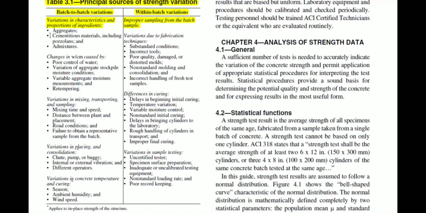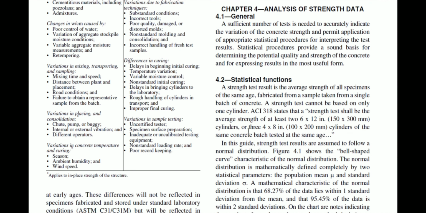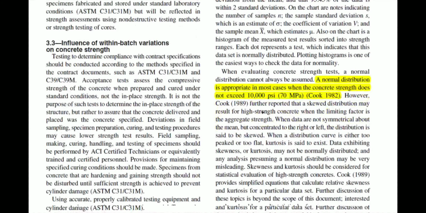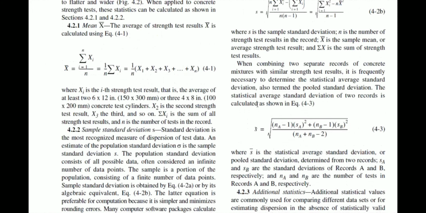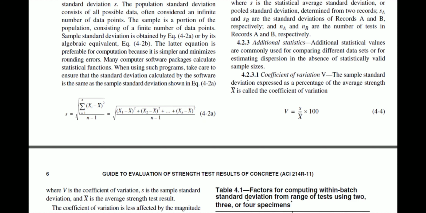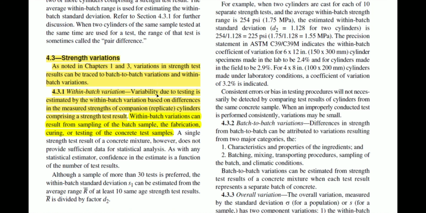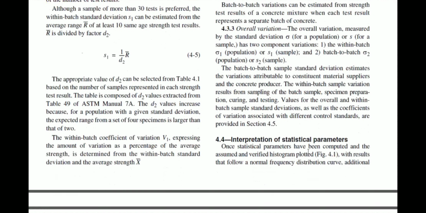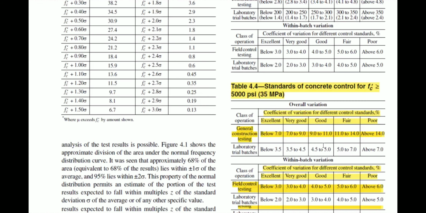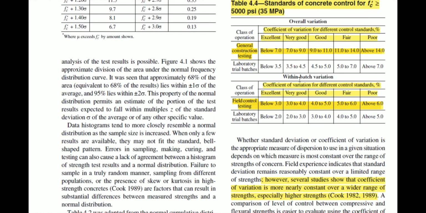Either from the overall coefficient of variation, which is more on the raw materials, the conditions, machineries, whereas the within test variation normally comes from the workmanship of the technician, like sampling, curing, transportation, consolidation, etc. So whenever you have a bad within test coefficient of variation, it means something is wrong with the technician itself, down to the laboratory, where maybe it's not properly cured.